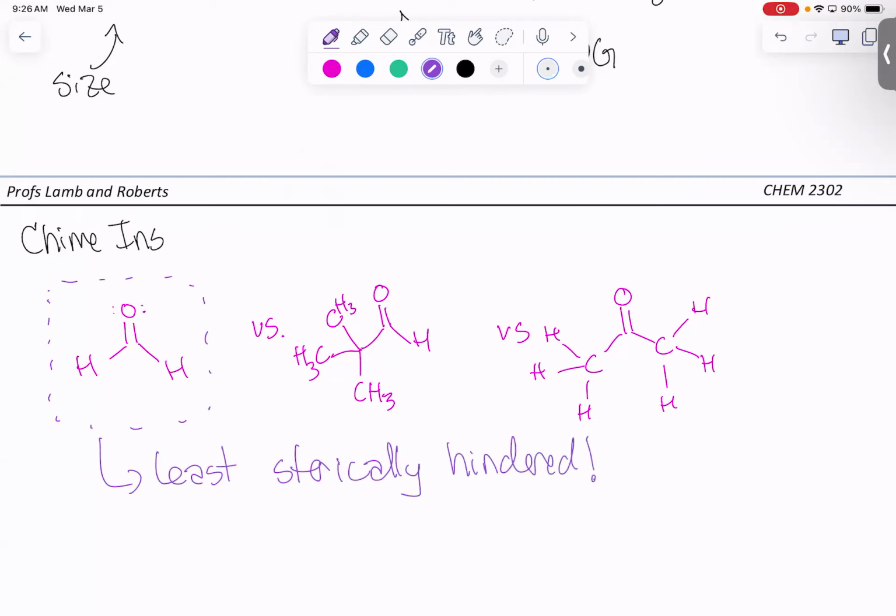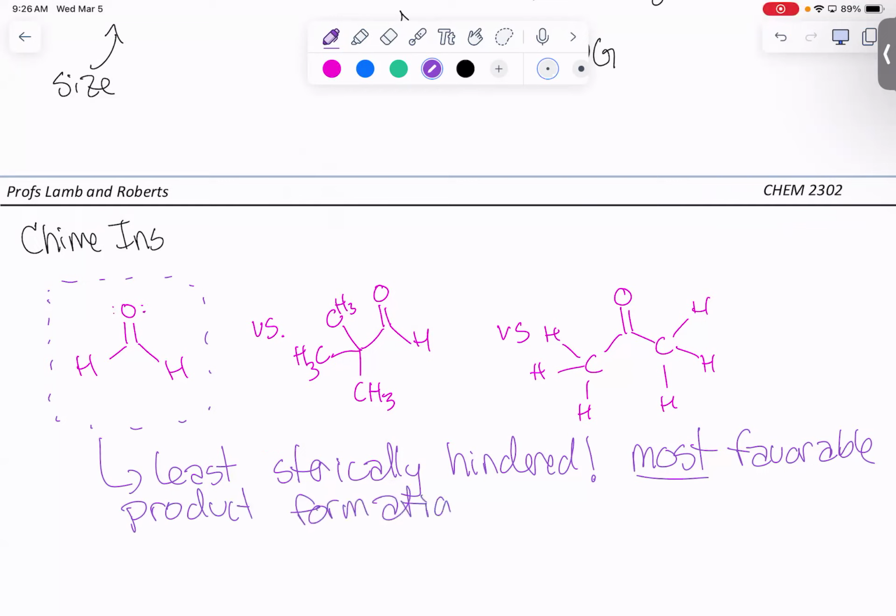All right, so the most favorable product formation, right? And this is based on steric arguments, so the size of things.